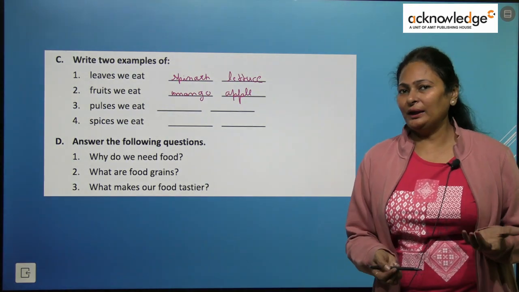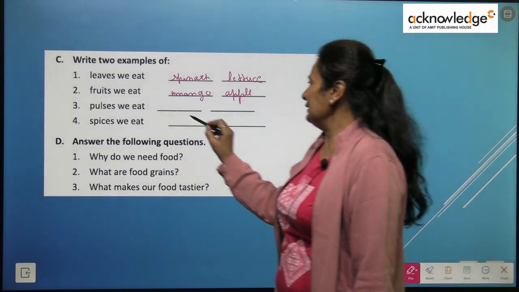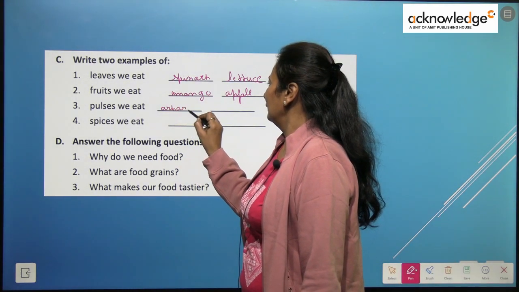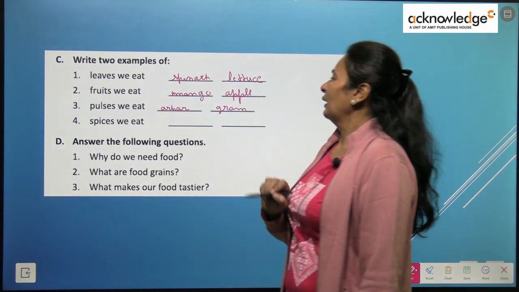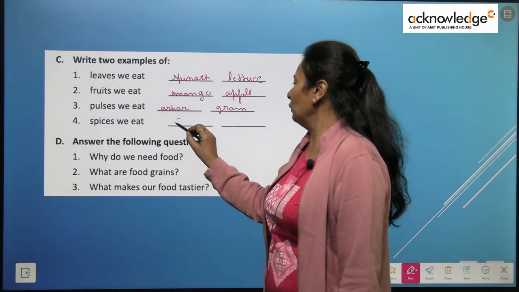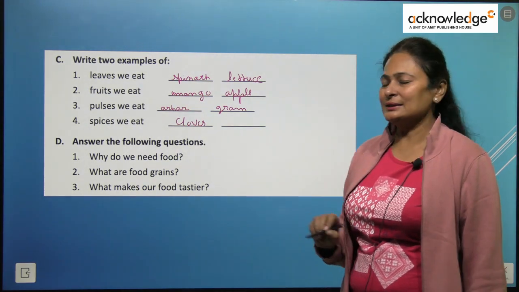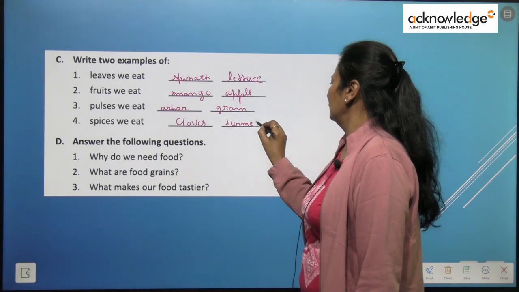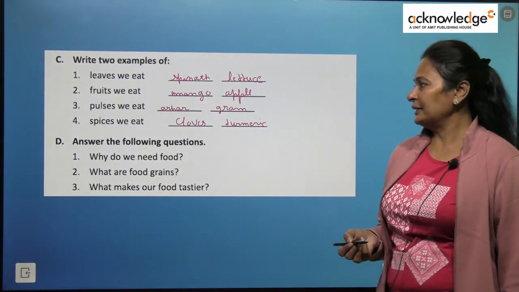Pulses that we eat. Can you give me the examples of pulses? Yes, it is arhar and gram. Spices that we eat. We get cloves. And next one is turmeric. Turmeric is again an example of spices.